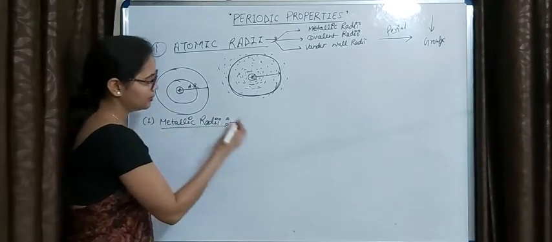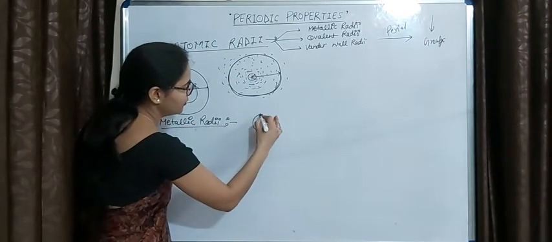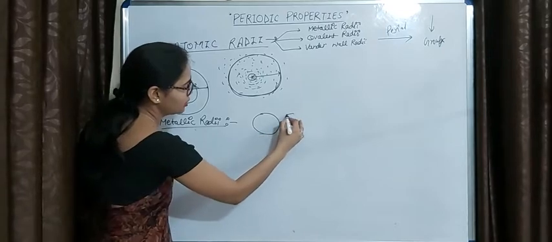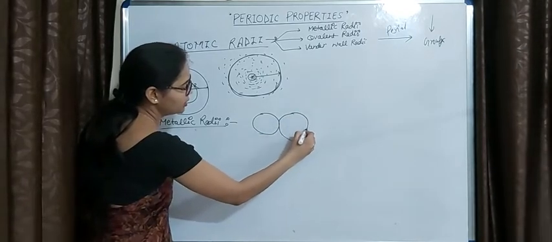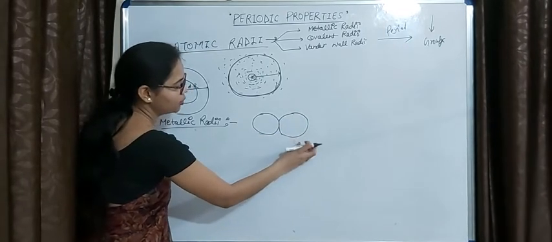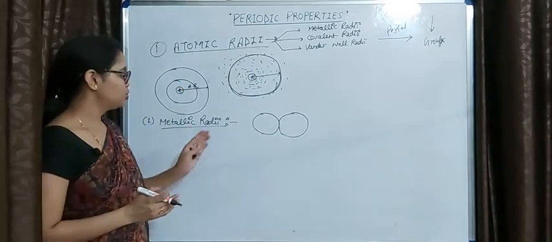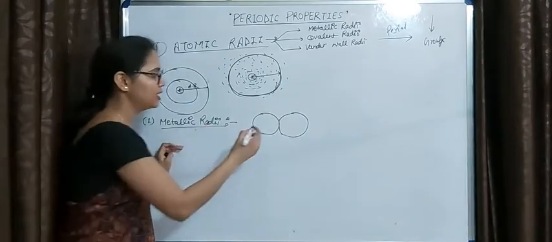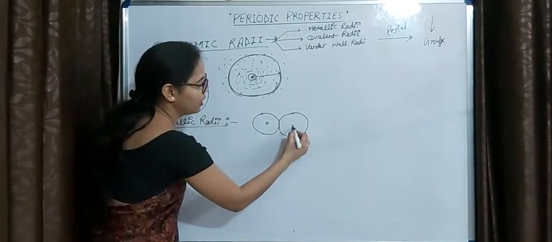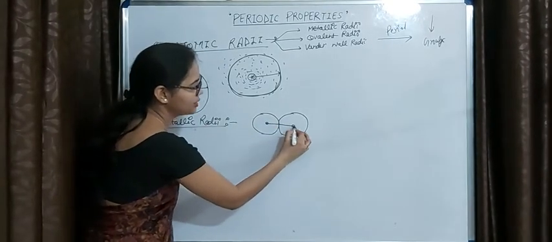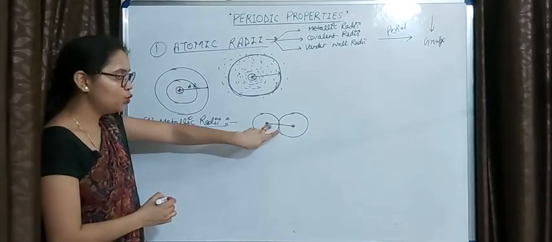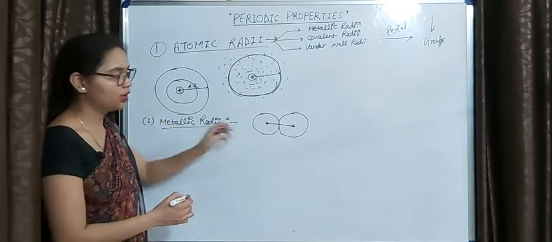Suppose we have two atoms. These two atoms are not forming any bond, they are just adjacent atoms. Metallic radii is half of the internuclear distance of two adjacent atoms.